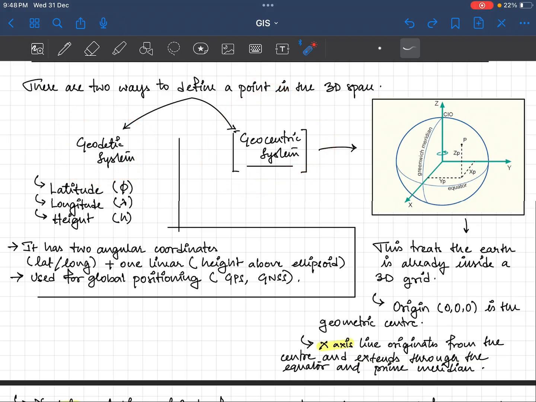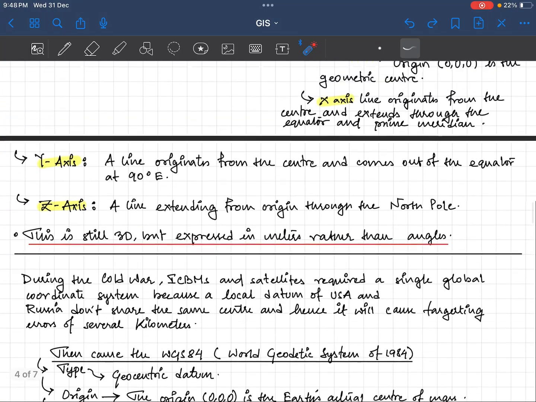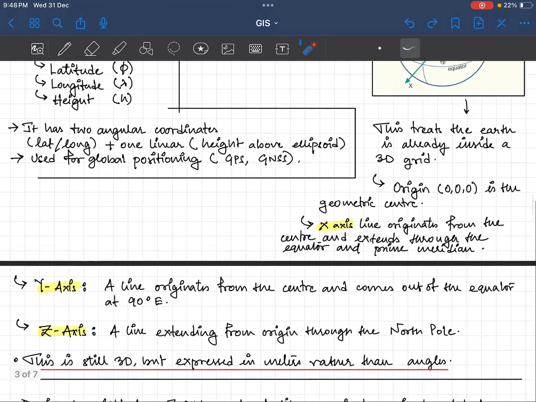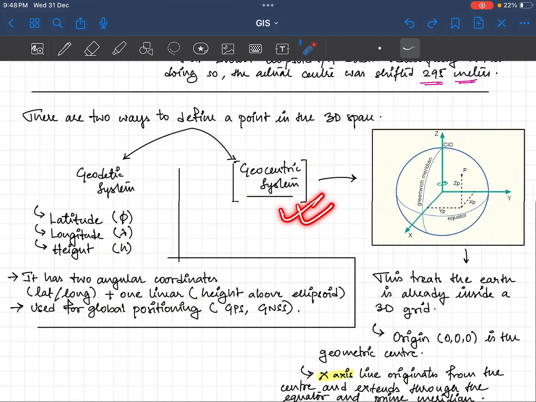Now I'll come to the point of why there are two systems present. Let's address this issue: why do we have these two systems available? Any computer based calculation happens where the math is done in meters, and as the math is done in meters, we prefer geocentric systems there.